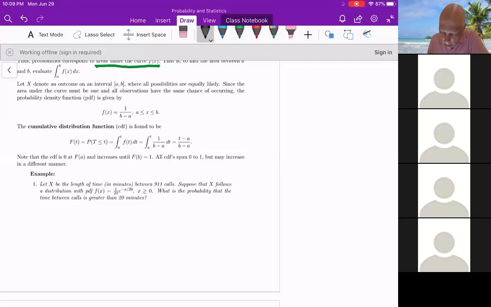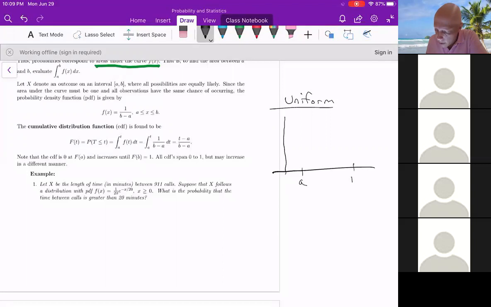In general, when you think of uniform, you think of all the same. And that's what the uniform distribution looks like. If A is some value here and B is here, then uniform is this horizontal line from A to B. And that's it. It really is that simple.